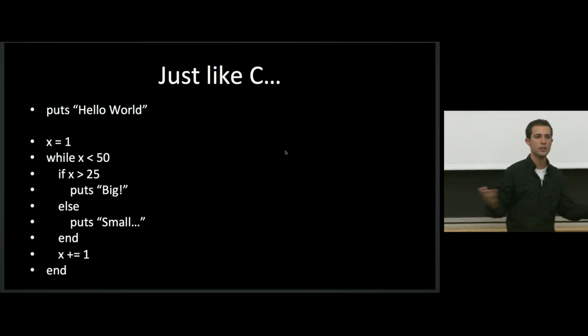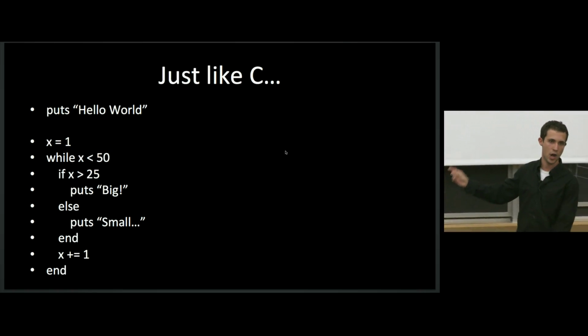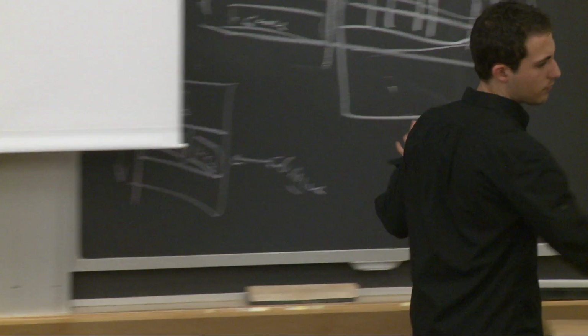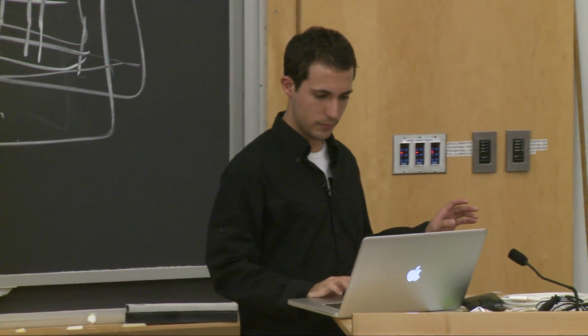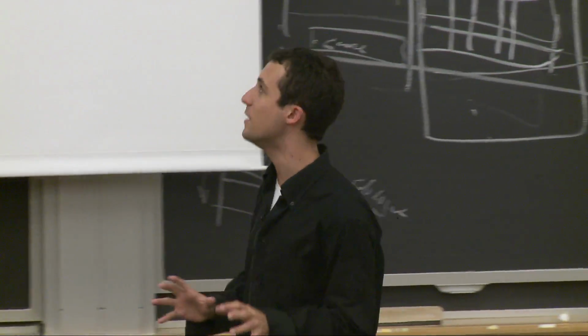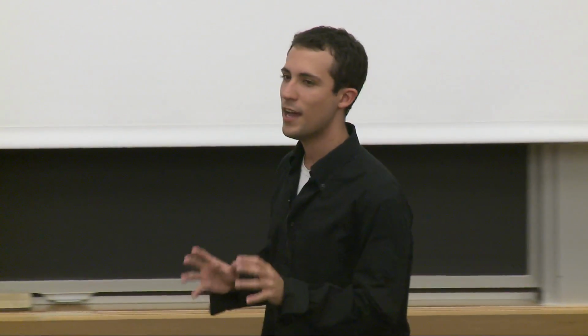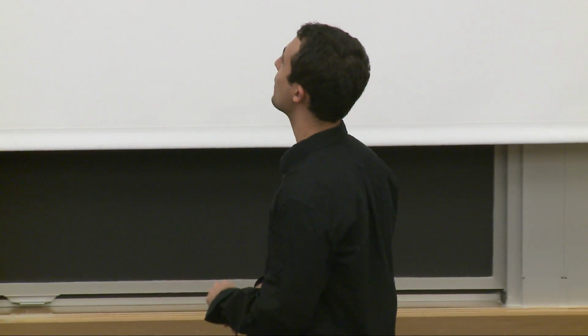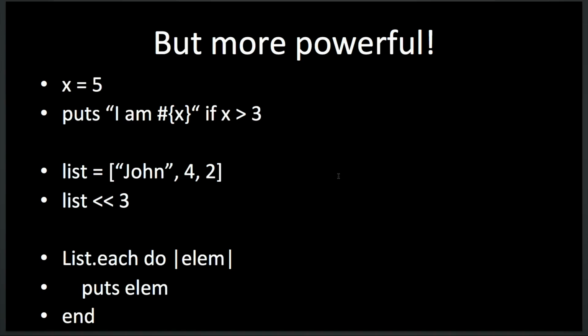So if you look at that, you can probably understand everything that's going on. But it's more powerful, because it can do things that sound a little bit hackish, and that you couldn't just do in one line. For example, puts "I am #{x}".